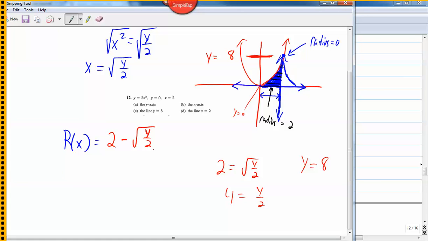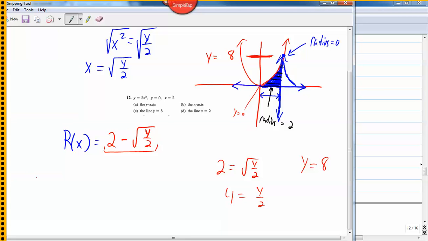Then up here where y equals 8, I want a radius of 0 for that disk. If I plug in an 8, 8 divided by 2 is 4, square root of 4 is 2, 2 minus 2 is 0. So this right here is the formula that I need to use for the radius.